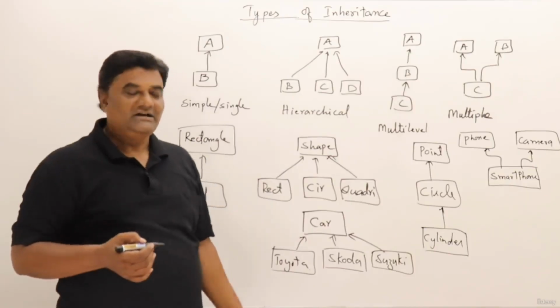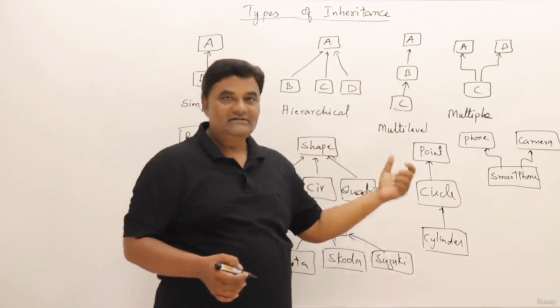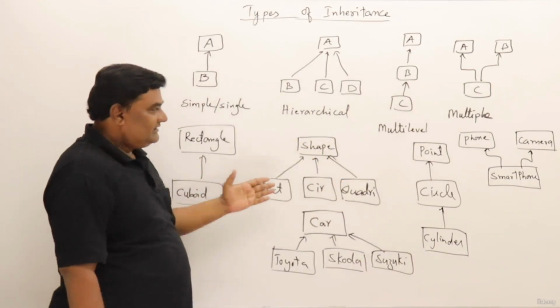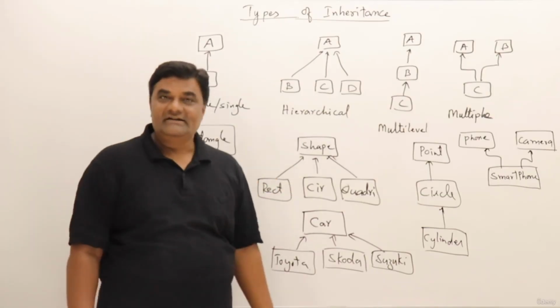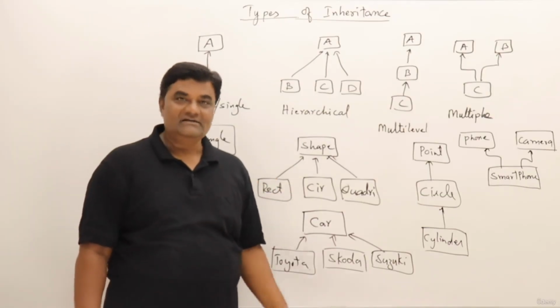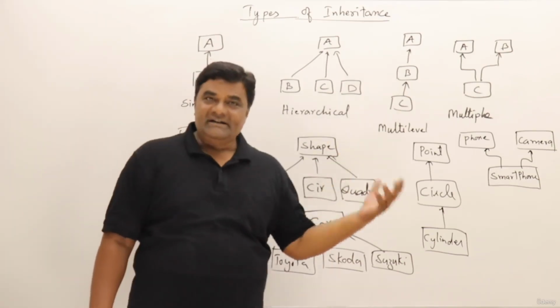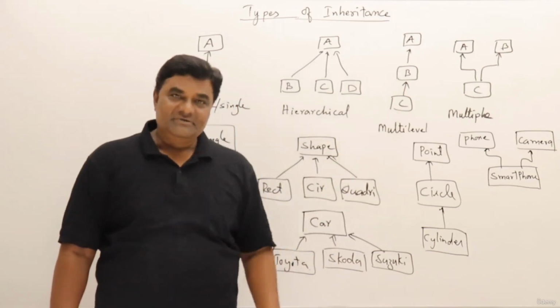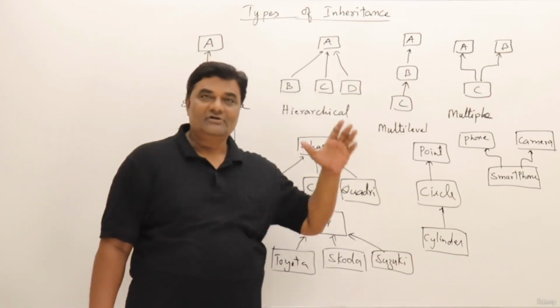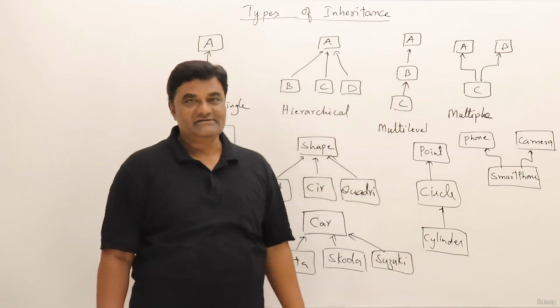Lot of things are available, but I am showing only two things, that is phone and camera. So these are the various types of inheritances available in C++, and for each I have given some examples. Practically I will show you different examples by writing some programs for different types of inheritances.